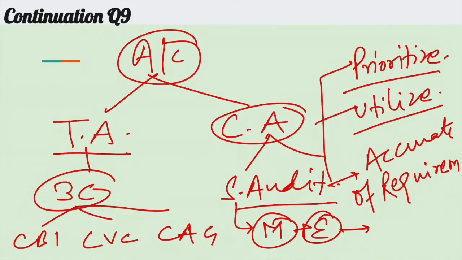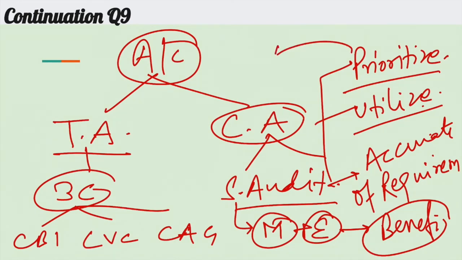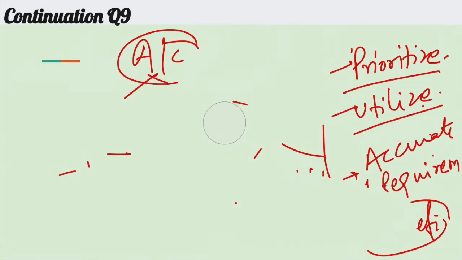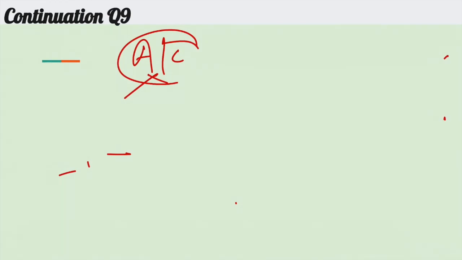Why is social audit necessary? Because social audit talks about monitoring and evaluation of the project, and when the monitoring and evaluation of the project is being done by the beneficiary, then obviously it will bring these three different parameters into the particular project, and it will increase the outcome and accountability at the same time. Understood?